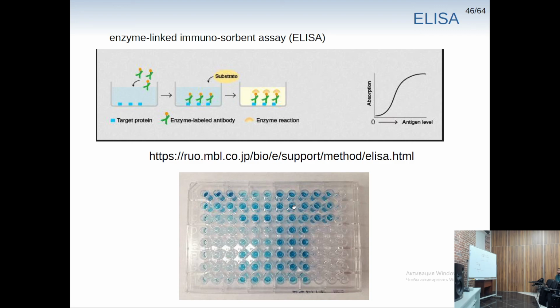We can even use primary antibodies with a label, and then do some washing. And only if the protein of interest is bound on our wells will there be any signal. And as you can see, it's possible to quantify. There is a really nice curve here with a linear range, so we can actually get the concentration.